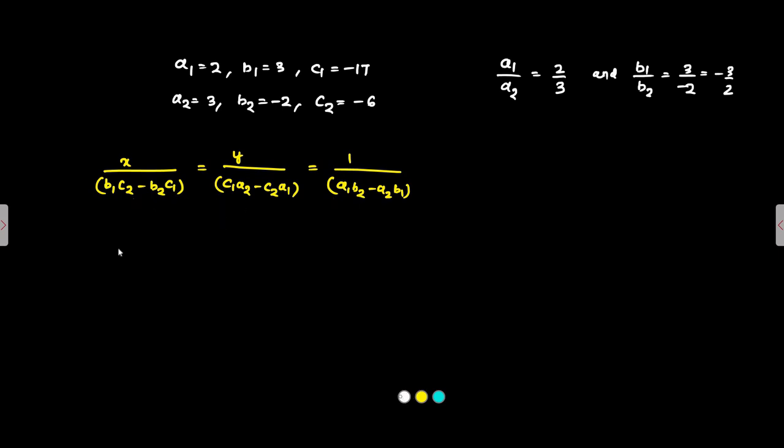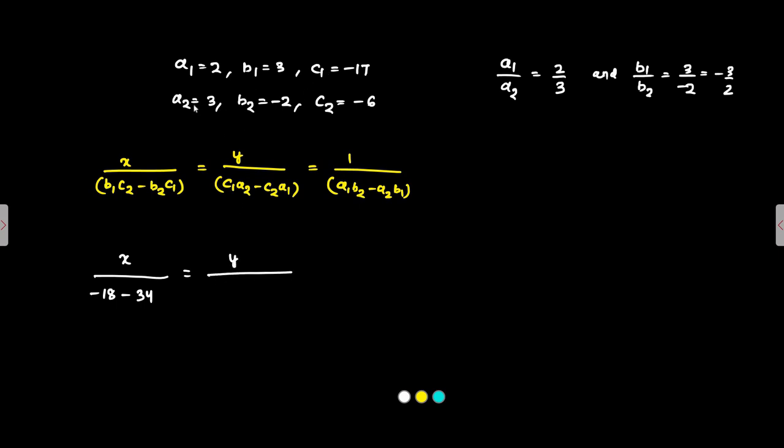So in this case it will be x by b1 c2, that is 3 into minus 6, that is minus 18, minus b2 c1, minus 2 into minus 17, which is equal to 34, minus 34, is equal to y by c1 a2.